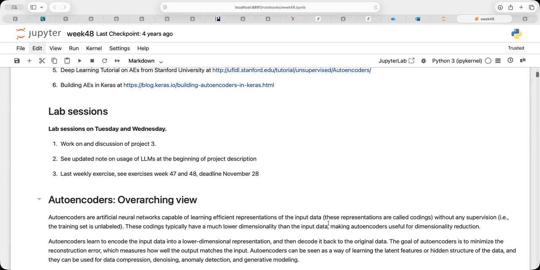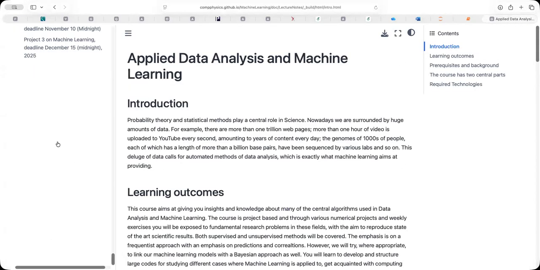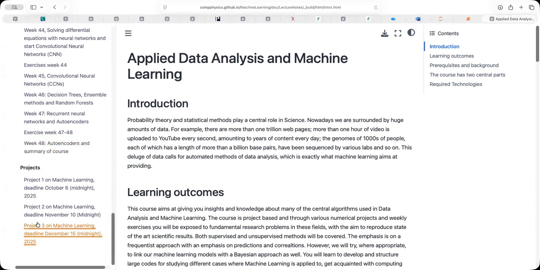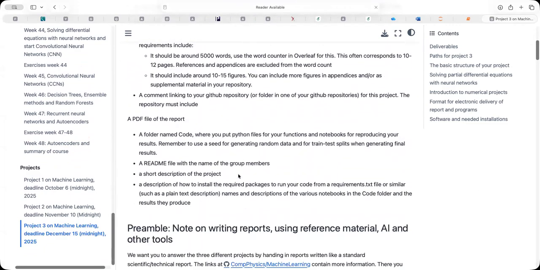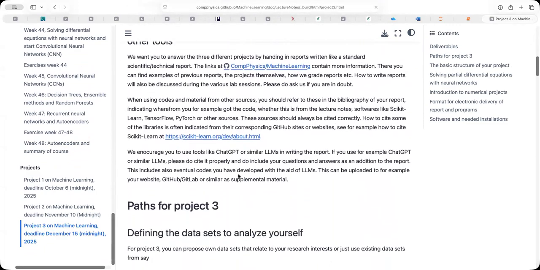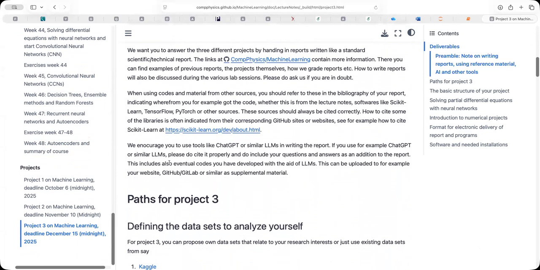The other thing I wanted to mention quickly is that we added some small things into project 3. We just added a small note about the usage of large language models. We do want you to cite how you used it.